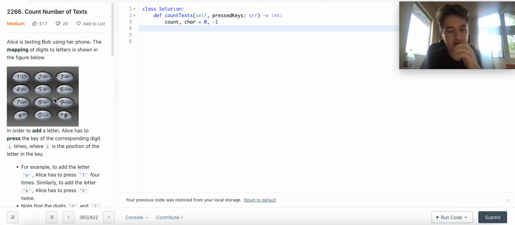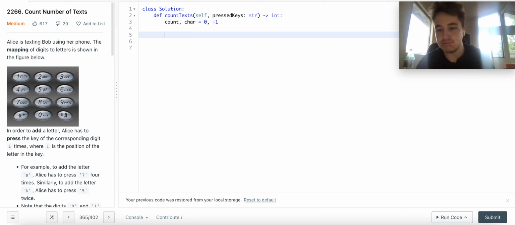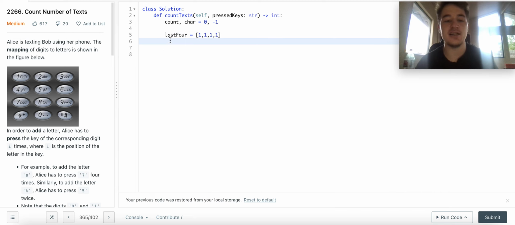Remember, we have to look at least at the last 4 things, right? So we'll say last 4 is 1, 1, 1, 1. That'll be what we set the beginning of our dynamic programming array to. And we'll look at each key and press keys.